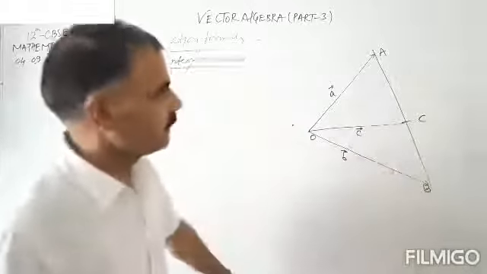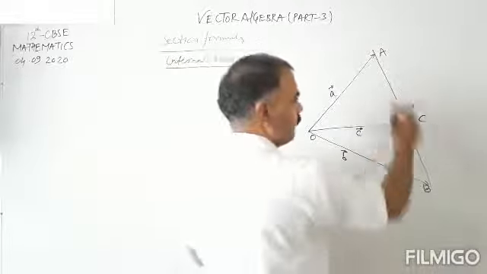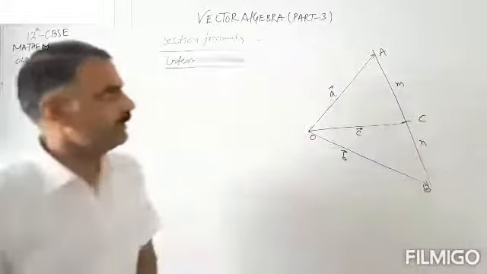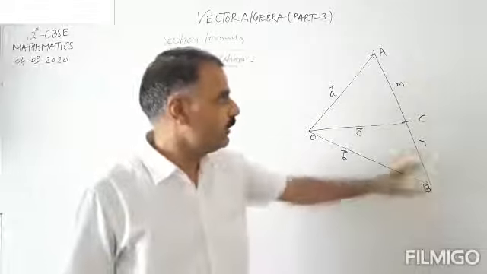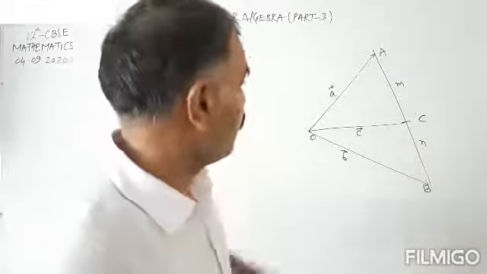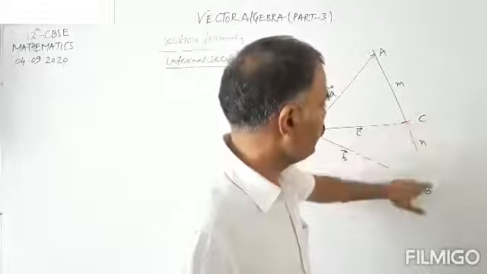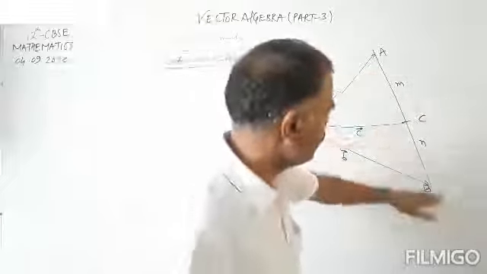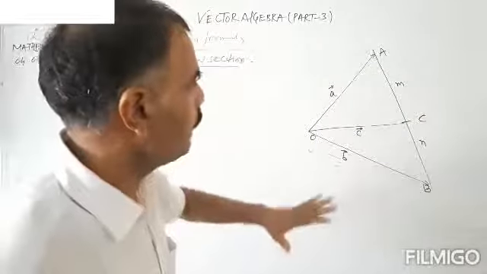And C is dividing AB in the ratio m to n. So AC upon CB is equal to m upon n.